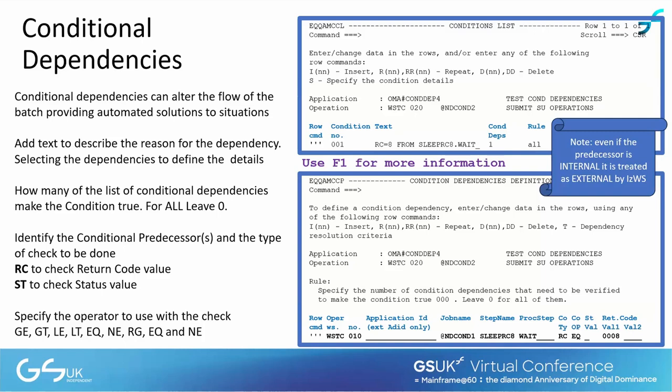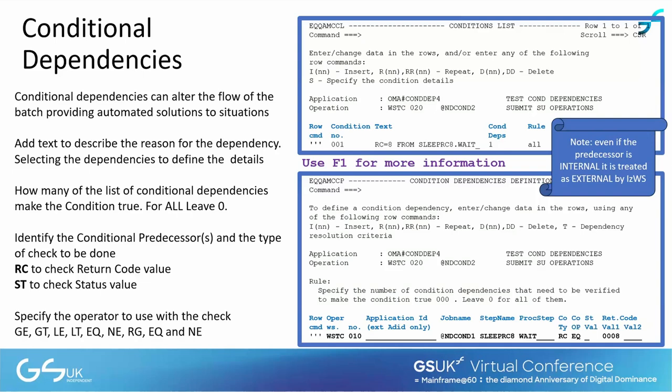Also, you can have a whole load of conditional dependencies. So you might have a job that is waiting for a predecessor, which is going to run when the data becomes available. Or you could also say, but if it gets to 3 o'clock, I want it to run anyway.